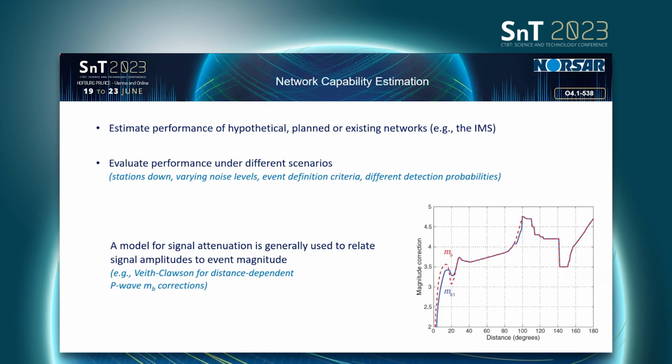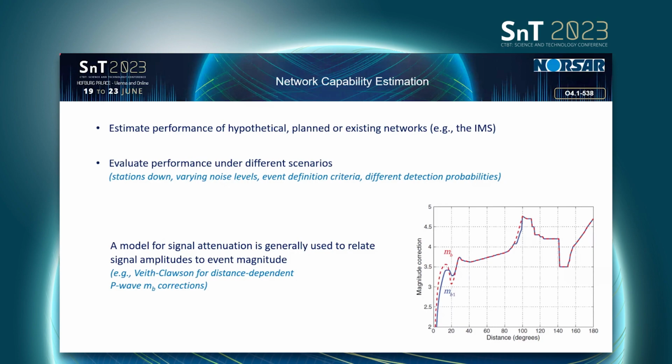Just some background information about network capabilities. Of course, it's important to evaluate how existing, planned or hypothetical networks will perform. You have to consider different scenarios, like when stations are out of operation, how the noise levels vary, and how the event definition criteria apply.